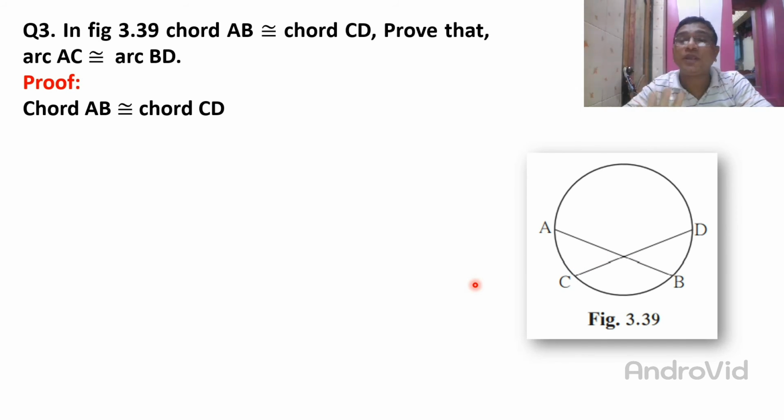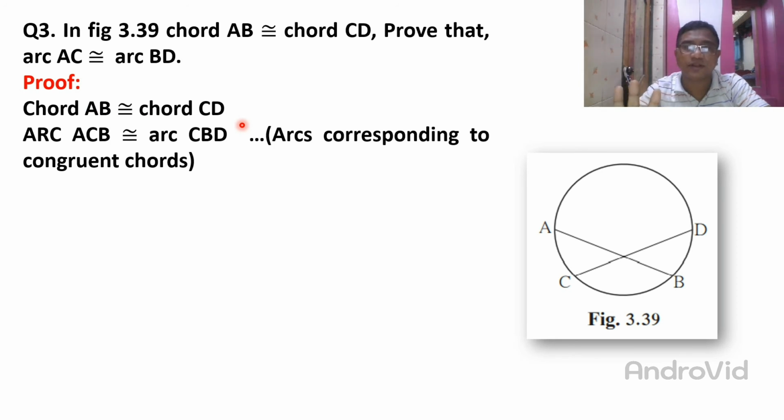It is very simple to prove that. First, whatever is given can be written first. Given: chord AB is congruent to chord CD. Reason: given. Corresponding arcs of congruent chords are congruent.